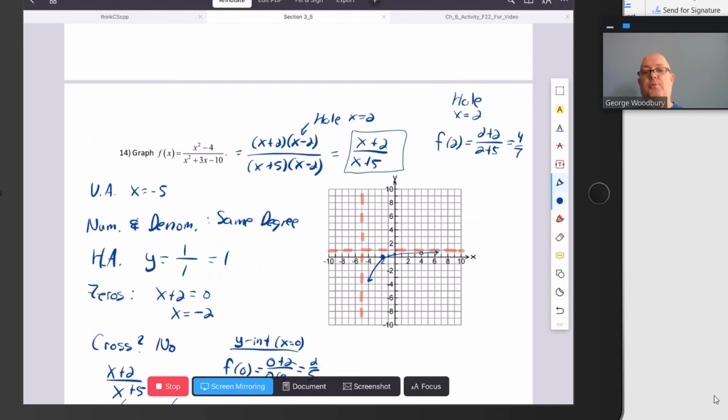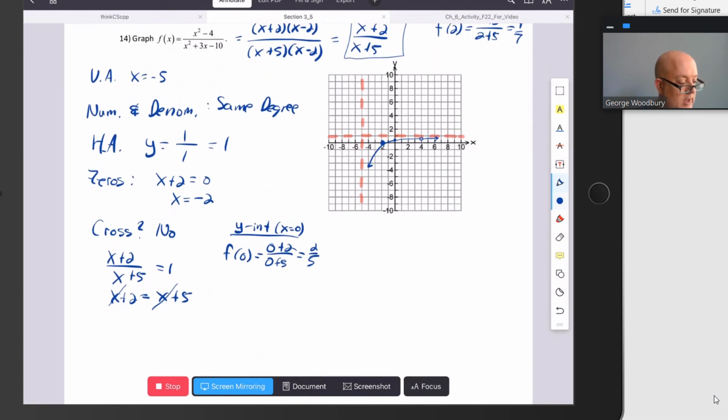So we're pretty sure that the graph's going to be up above to the left, but what we can do is plug in a value to the left of -5, like -6. So let's try that. When x is -6, the function would be -6 plus 2 over -6 plus 5, and that's -4 over -1, or 4.